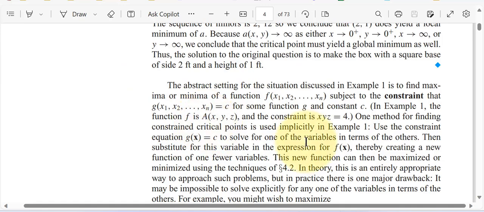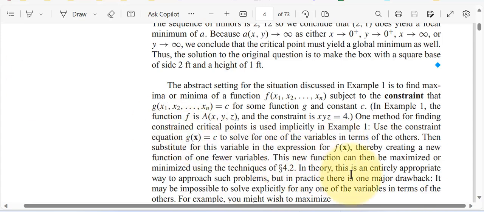And they review what they did by saying they used the constraint to solve for one of the variables in terms of the others, and then substitute this variable in the expression for this, creating a new function with one fewer variable. And then using the techniques, which I guess are covered in section 4.2, we can find the maximum or minimum of this function.